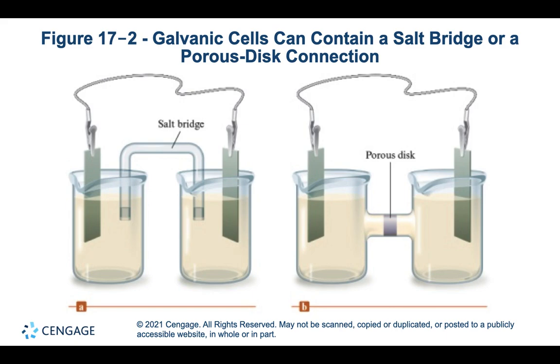letting electrons flow from one side to the other, from the anode side where oxidation is occurring and the reaction is losing electrons. The electrons lost would flow through the wire to the cathode side where electrons are used to reduce something.